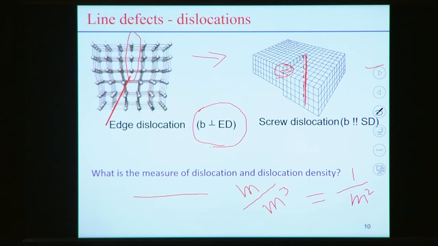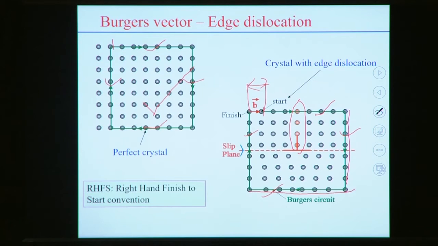Similarly for the screw dislocation, this represents the Burgers vector, but the dislocation line is along this center. So in the screw dislocation, the Burgers vector is parallel to the dislocation line.